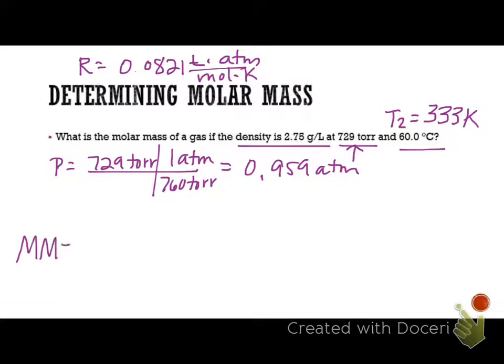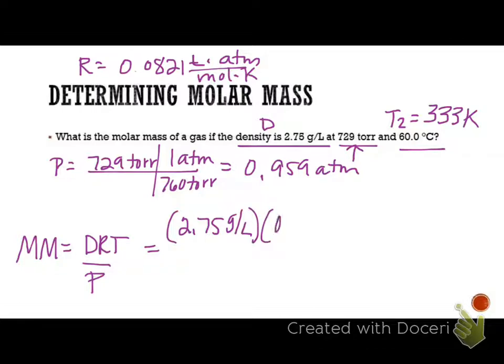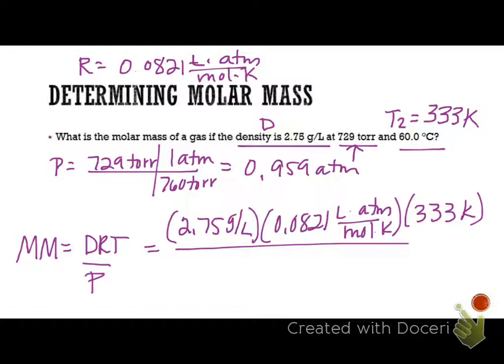So now that I have my two things converted, I can use this formula that I just gave you. Molar mass is equal to dRT over P. D is density. So we're going to plug that in: 2.75 grams per liter times my R value, 0.0821 liters times atmosphere over mole times K, times my temperature of 333 K, divided by pressure, which we had converted to be 0.959 atmosphere.